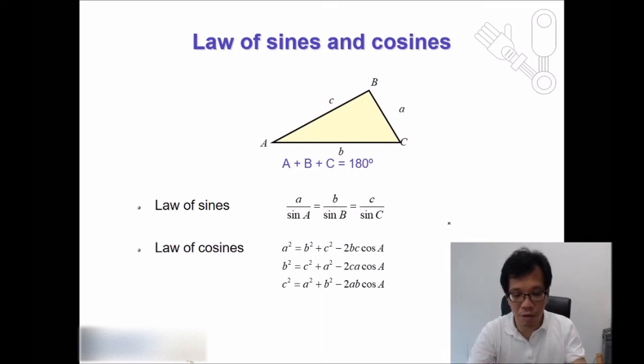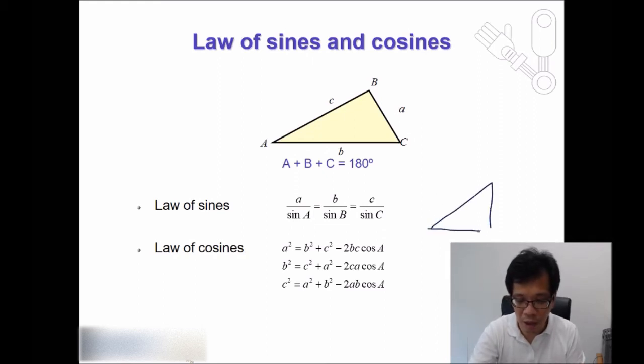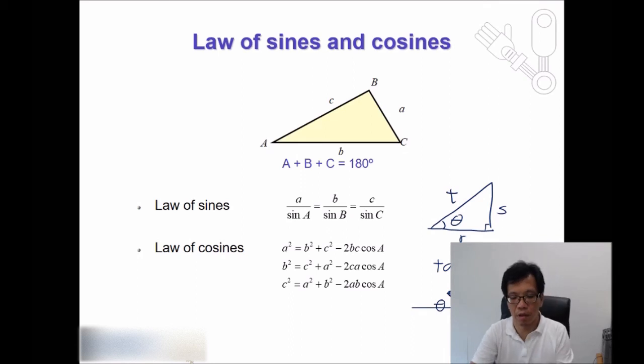In addition to those two, we also deal with a right triangle with sides R, S, T, and angle theta. Tangent theta is going to be S over R, or theta is going to be arctangent of S over R. This is also handy when we are dealing with our calculations.